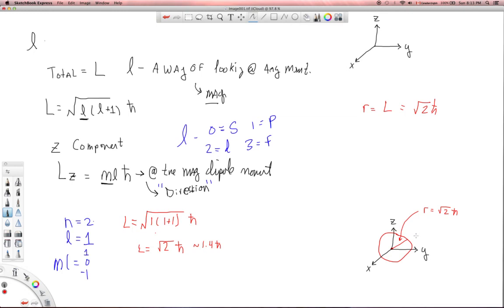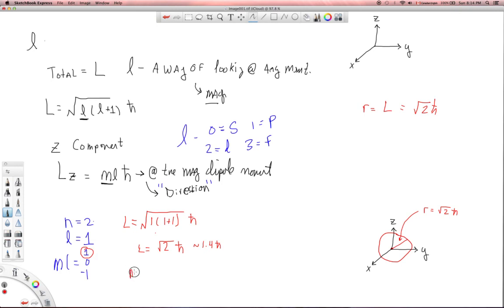Now, what is the z component of L? Let's go ahead and choose this one here, 1.